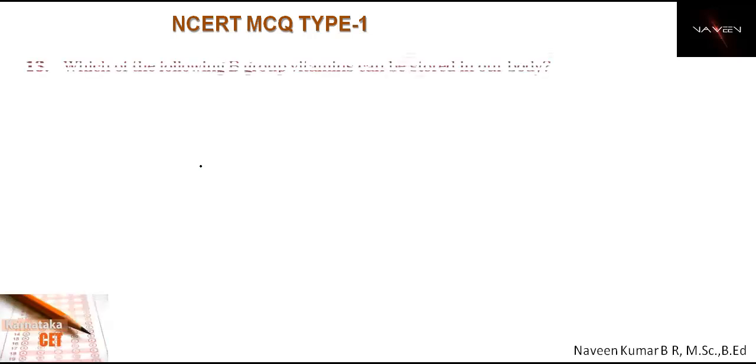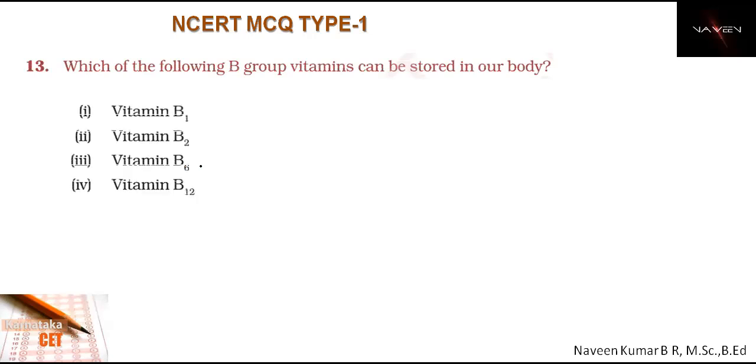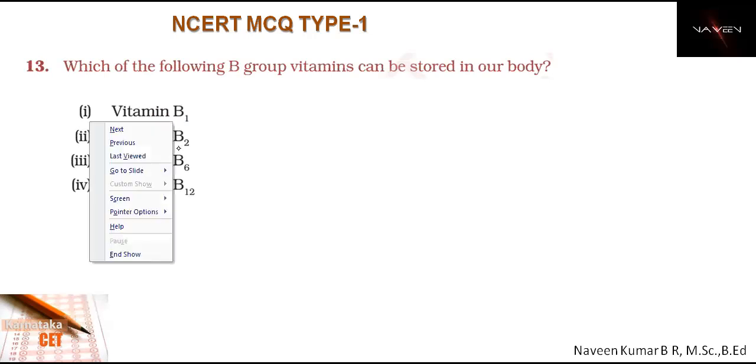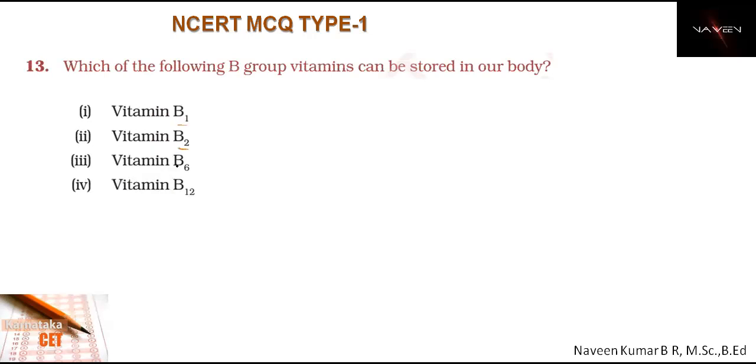The next question: which of the following B group vitamins can be stored in our body? We discussed this in detail. One of the B complex vitamins which is stored in our body is vitamin B12, cyanocobalamin. Why is it stored? You can recall, these vitamins are water soluble, and this one is also water soluble, but the other three vitamins will be excreted in urine.